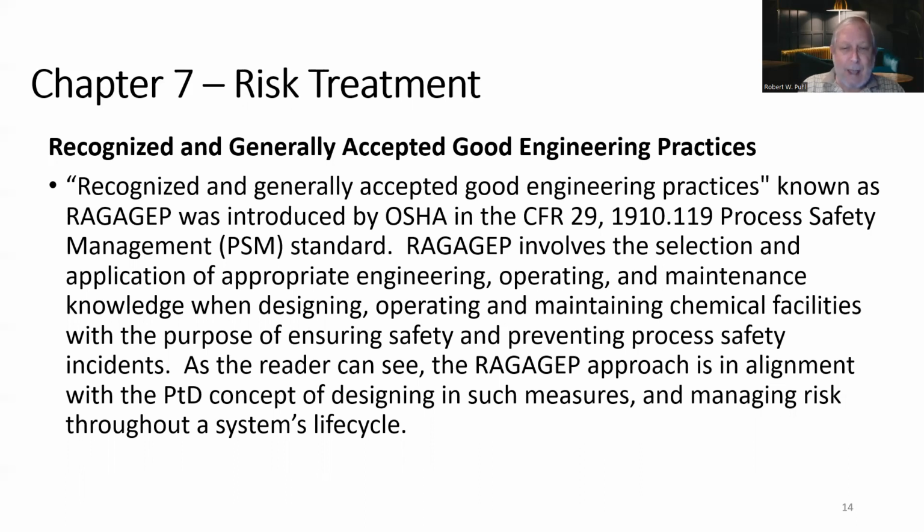As the reader can see, the RAGAGEP approach is in alignment with the PTD concepts, prevention through design, of designing in such measures and managing risk throughout a system's life cycle. It also comes in sometimes when there are no written guidelines, older equipment perhaps that doesn't have manuals, and that's when you also have to apply the RAGAGEP concept to that too.